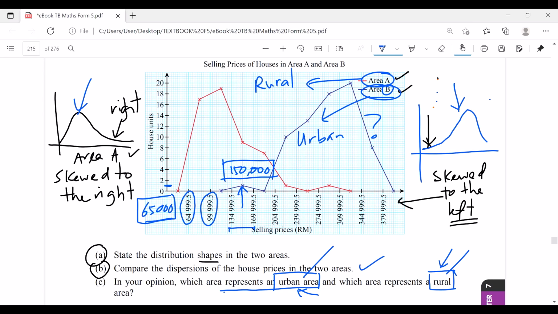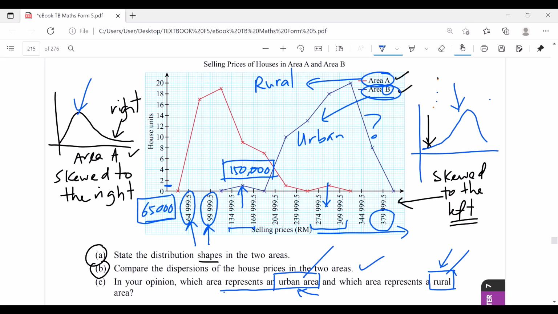Why? Because most of the selling prices in area A are lower than the selling prices of area B, where most of the selling prices are higher.